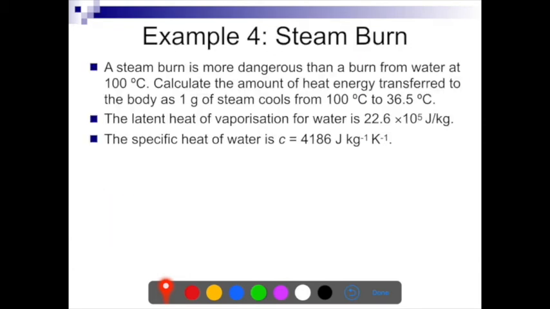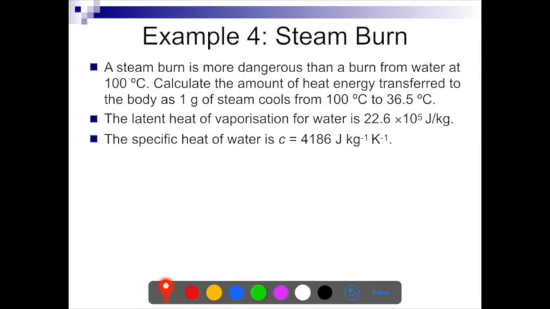Okay, so for this lecture, let's look at this example to see when to use Q is equal to mc delta T and when to use Q is equal to ml. A steam burn is more dangerous than a burn from water at 100 degrees Celsius. Calculate the amount of heat energy transferred to the body as 1 gram of steam cools from 100 degrees Celsius to 36.5 degrees Celsius.